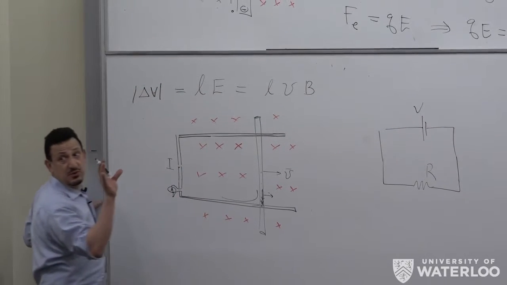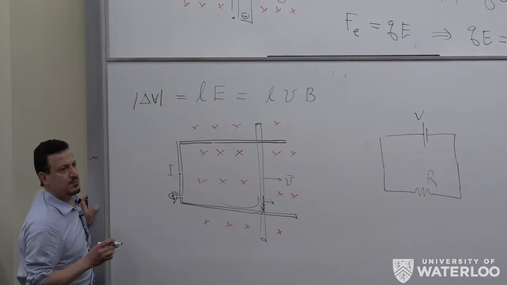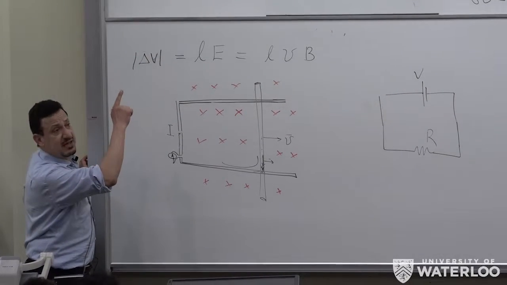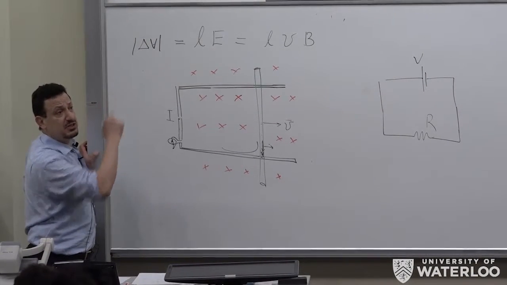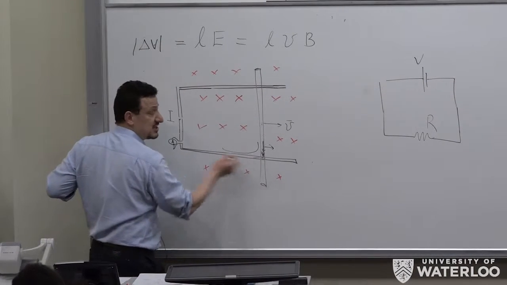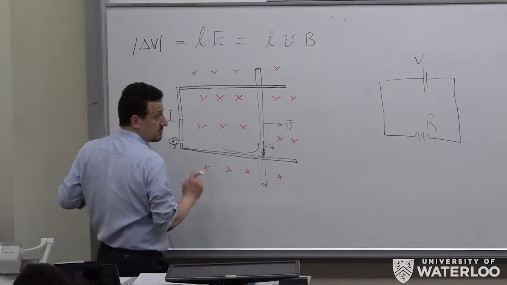But wouldn't some charges be accumulated at the bottom of the bar? No, none. Unlike that problem, where there's nothing for the charges to move on to, this one is a conductor. So they keep moving like that.